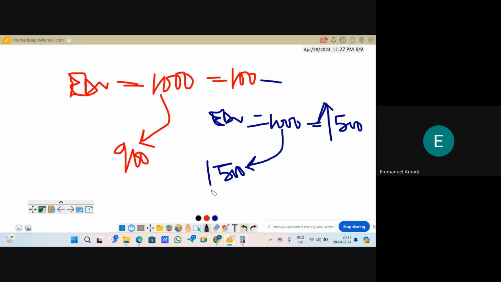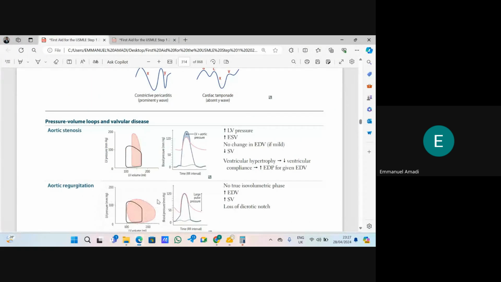But the stroke volume has fallen compared to what you have in a normal person, that is 900. That is all they were trying to illustrate here when they say there's increased left ventricular pressure in response to aortic stenosis. End systolic volume goes up, no change in end diastolic volume, but the stroke volume will drop.